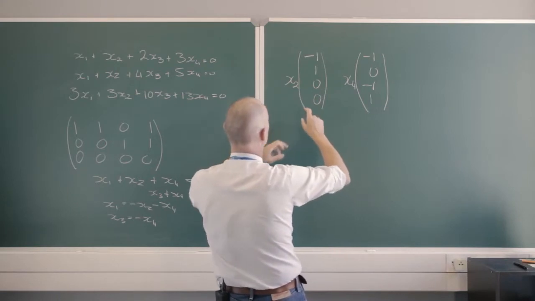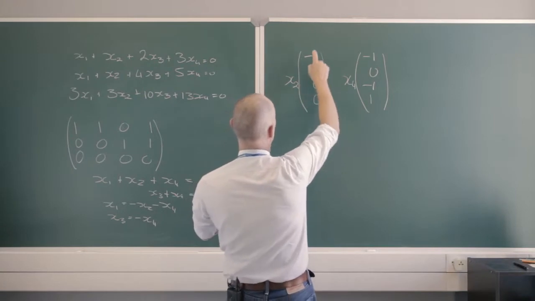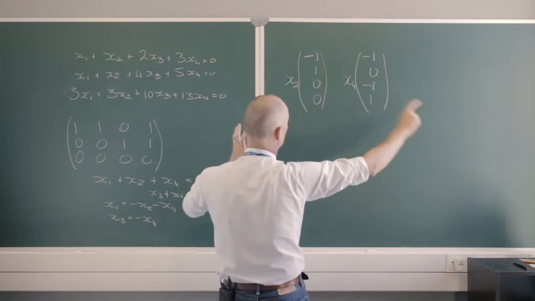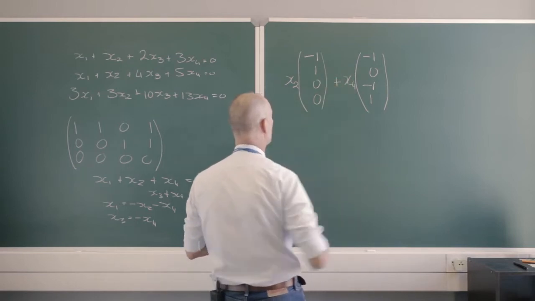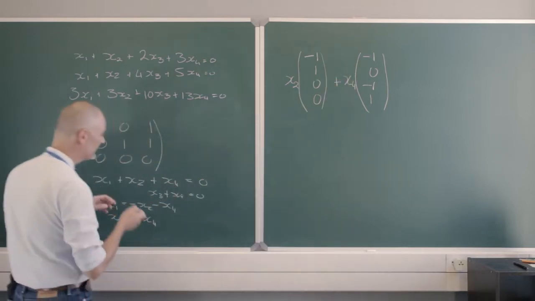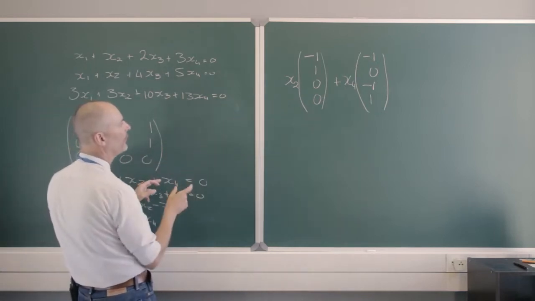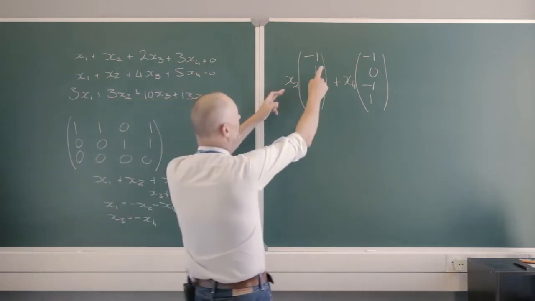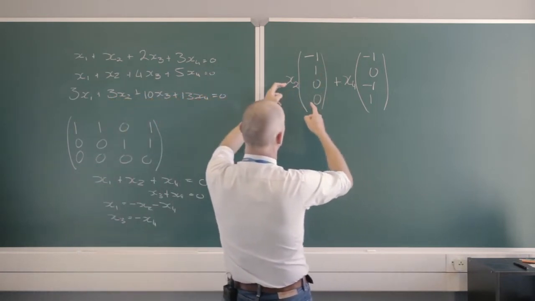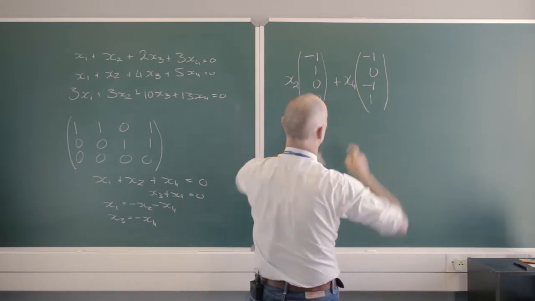It worked out for us, especially in our previous examples, that there was a 0 there, for instance, and I could do linear combinations. But what we are saying here is linear combinations of these two. In our instance here, we made x2 1, and there we made x4 1 and x2 0. There x2 was 1 and x4 was 0, and there x4 was 1 and x2 was 0.